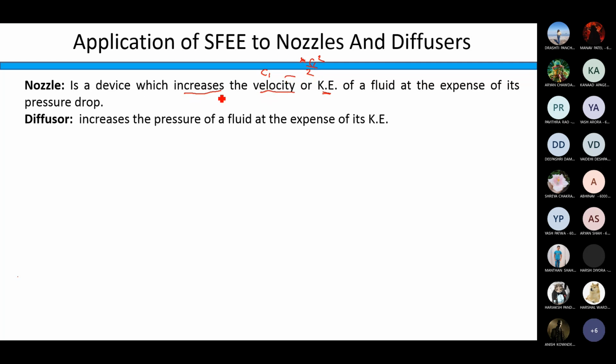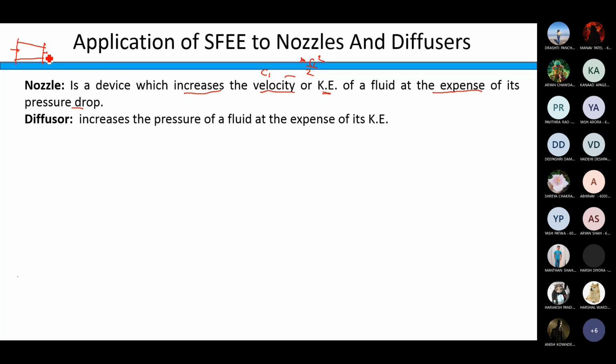So a device which increases the velocity of a fluid at the expense of its pressure drop. What happens in the nozzle is the pressure will decrease, and this pressure drop is converted into an increase in velocity, right? For example, I can have this type of nozzle where the cross section at the inlet is more compared to the outlet.